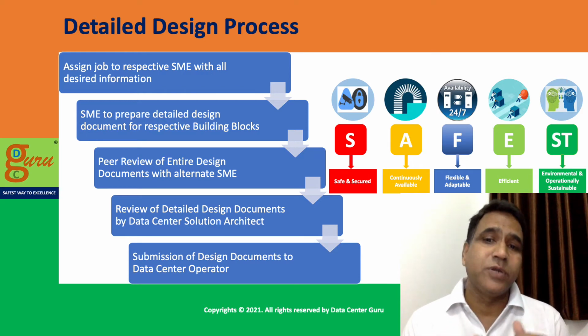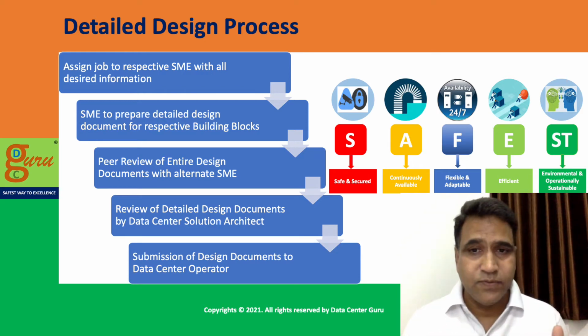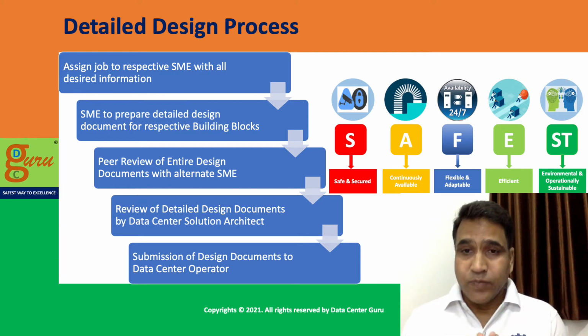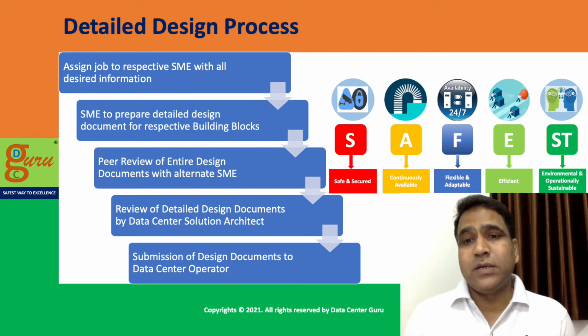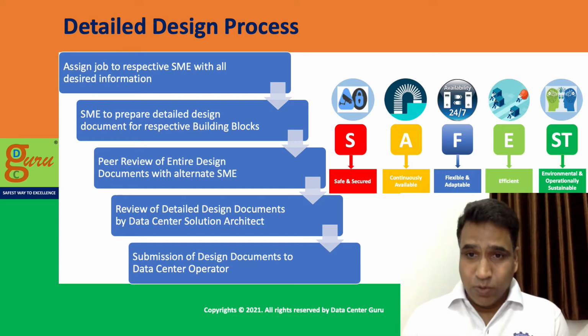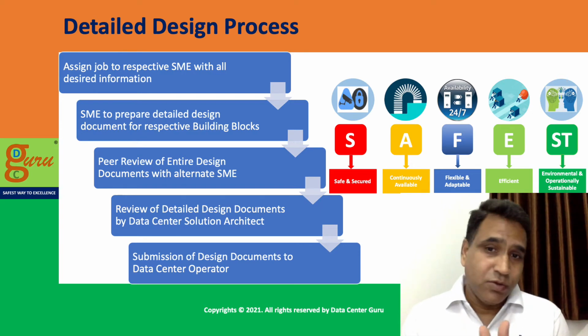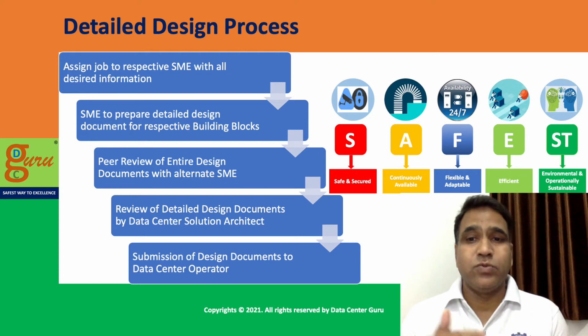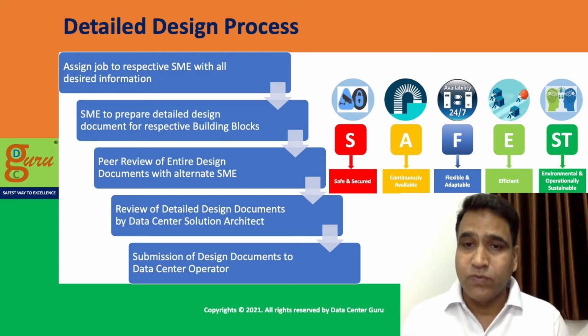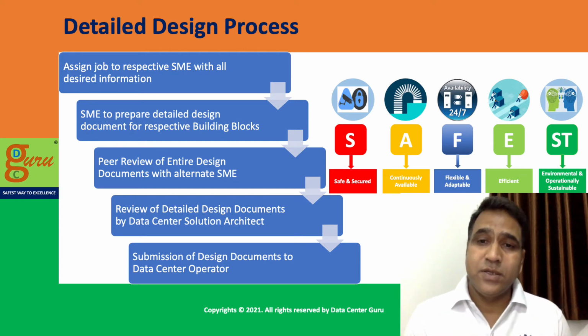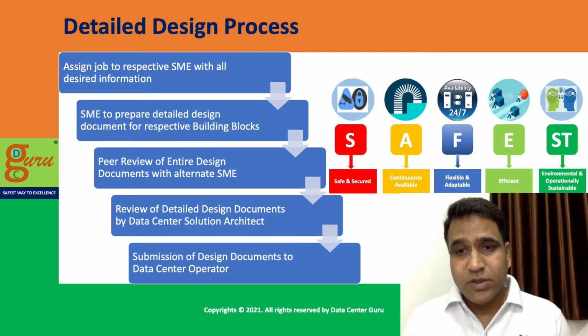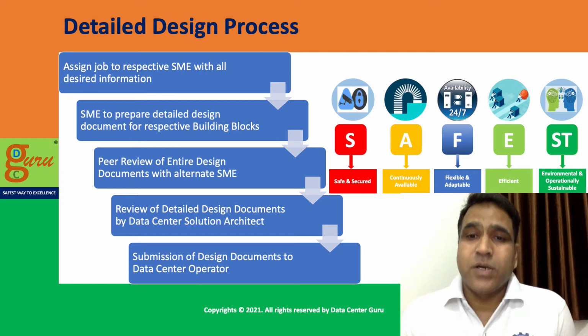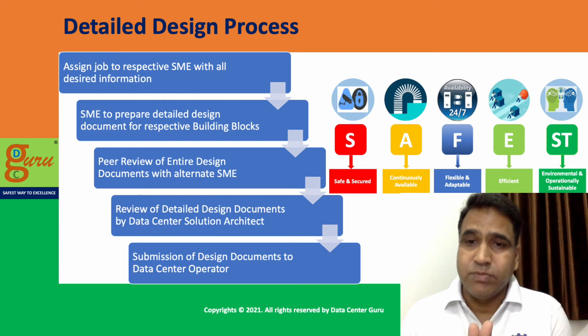The availability level, whatever you have selected in the objective, is being met. Whatever flexibility or adaptability you created for the data center, those things are taken care of, like phase-wise implementation and so on and so forth. Whatever efficiency objective is set, whatever product or technology or design you have chosen, it meets it.